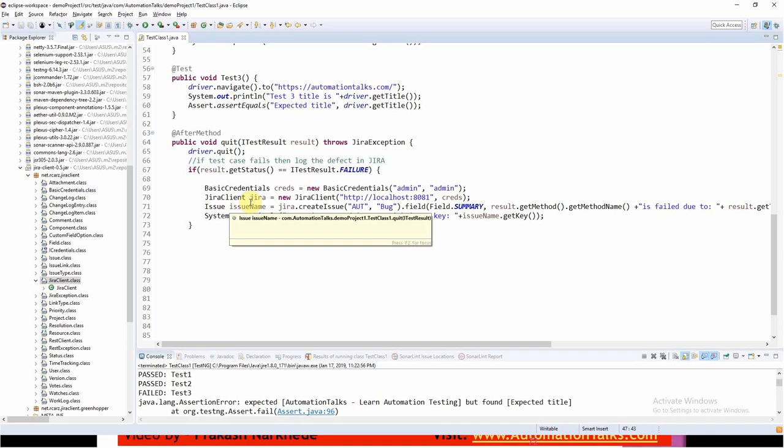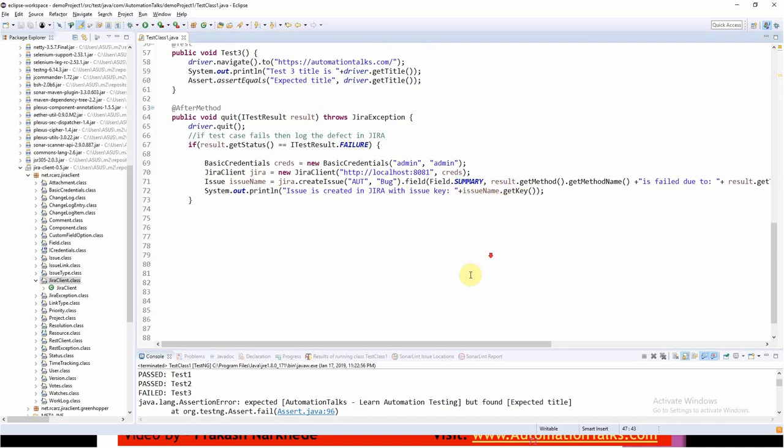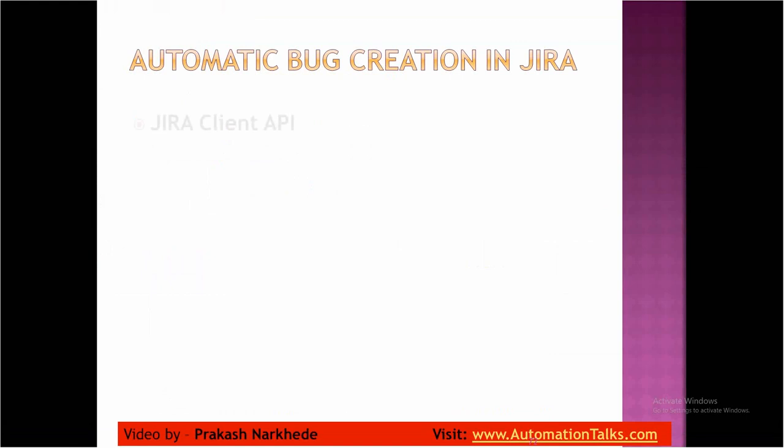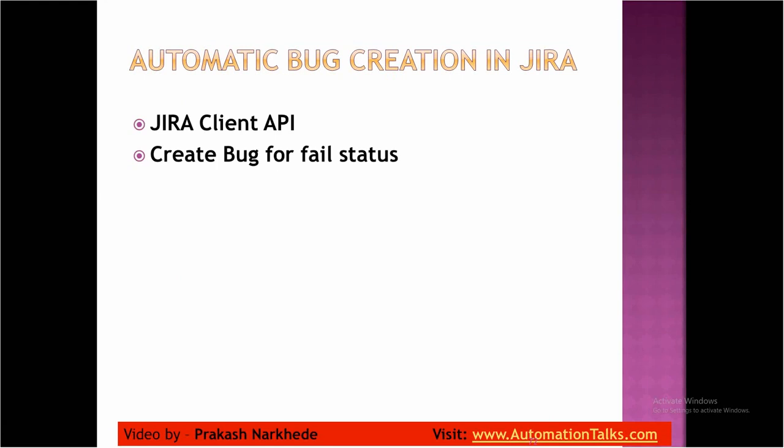Once the connection is established, by using that reference of Jira client, we can create the issue using the create issue method, in which we have a number of fields. We can play along with those fields. That's it I have for this video. I talked about the Jira client API and how we can create a bug for test cases whose status is failed.